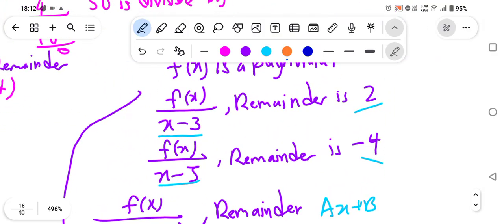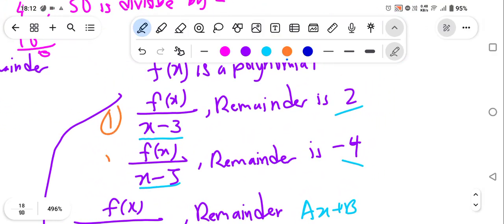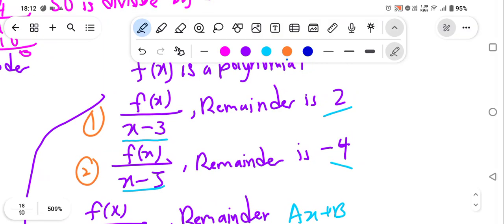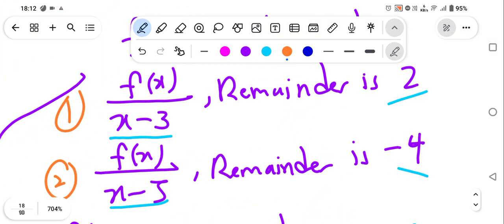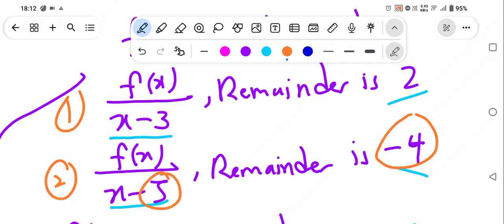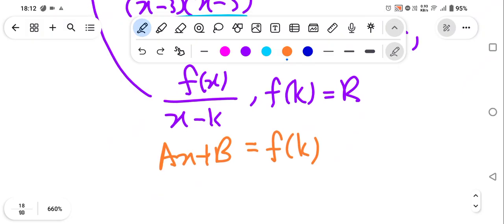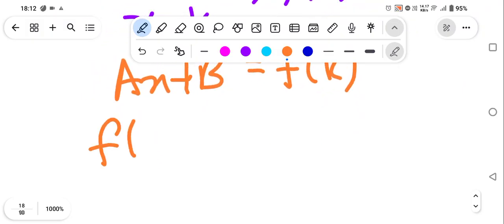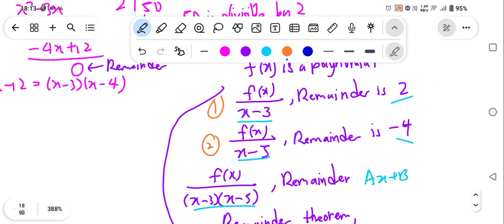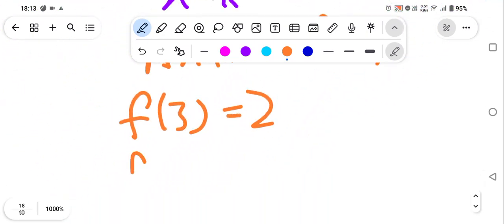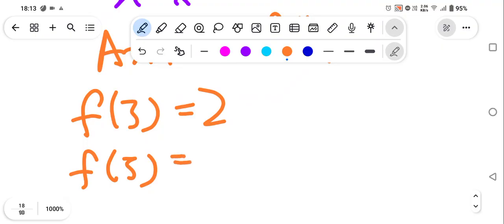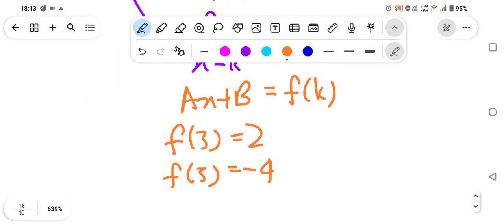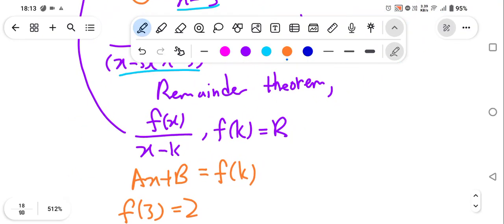We have 2. We know that f(3) is 2 and f(5) is -4. Why? I'm using the remainder theorem.